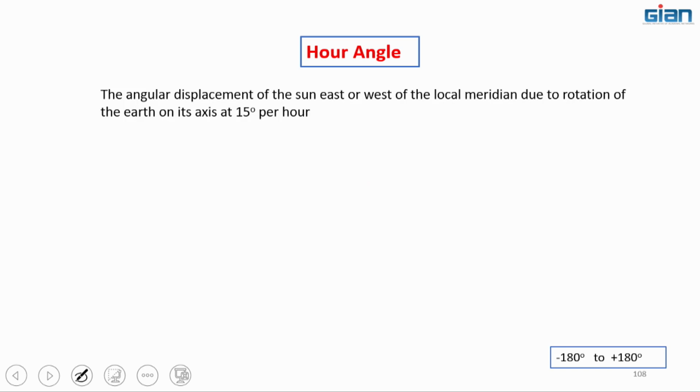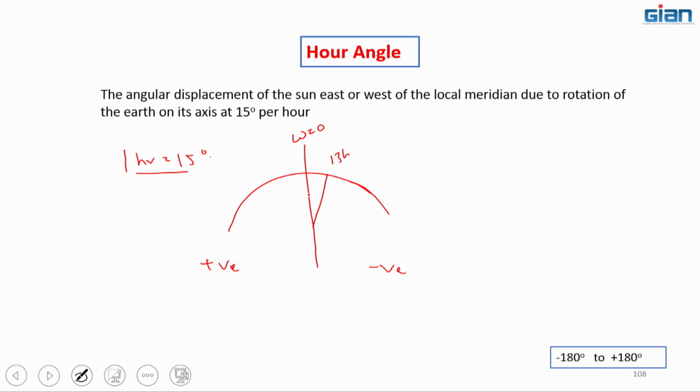For the hour angle, since 1 hour is 15 degrees, if we draw this, omega is 0 at solar noon, positive on one side and negative on the other. What happens if we have to find it at 13 hours?